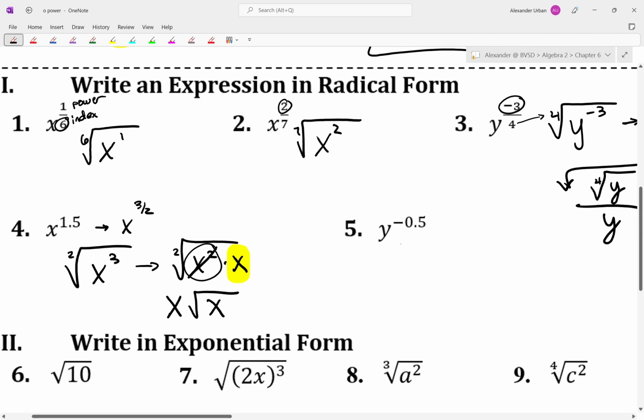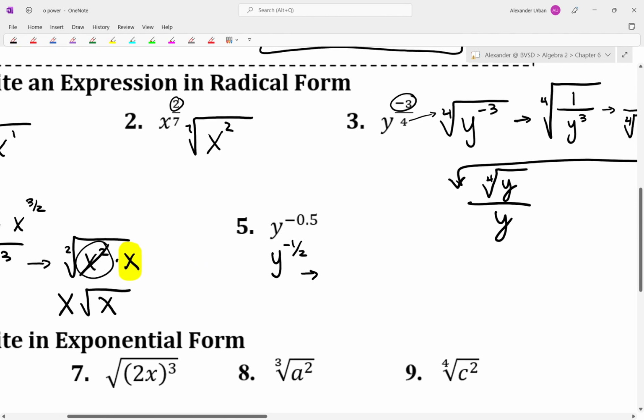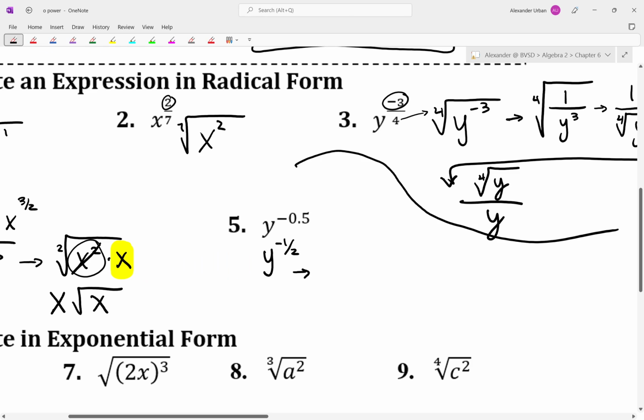Our last problem here is y to the -1/2. This is rewritten as y to the -1 over 2. So again, this is similar to number 3. Let me make sure that we have space to allocate this. We have, in this situation, 1 over y to the 1st, and this is underneath the square root.